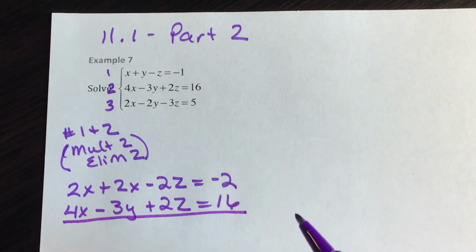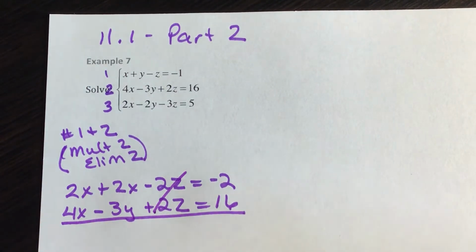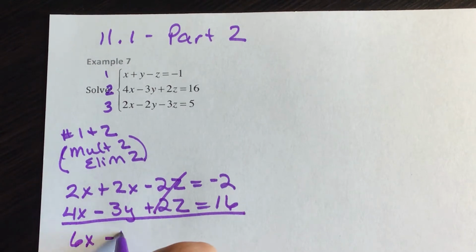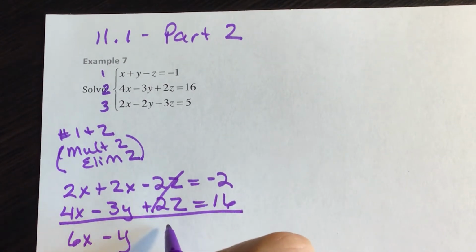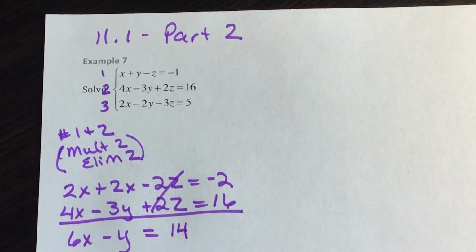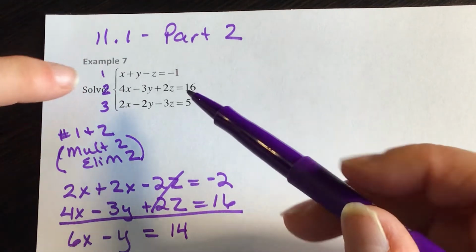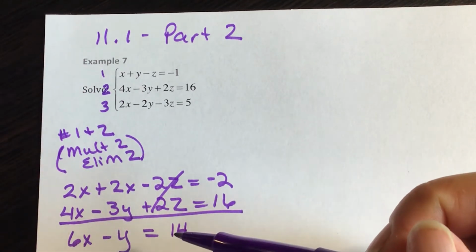When I add these equations together, the z's cancel. I get 6x minus y equals 14. All right, so I've eliminated one of my variables.